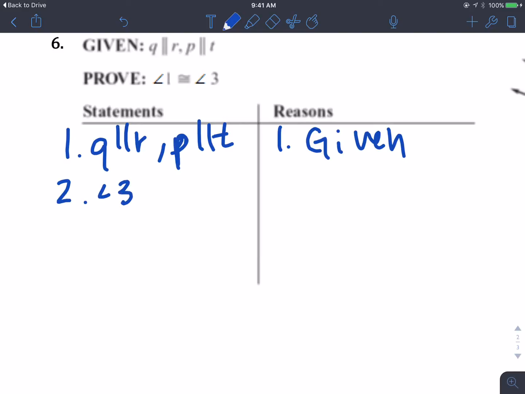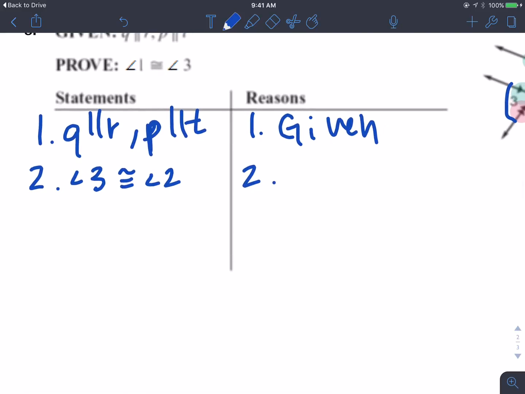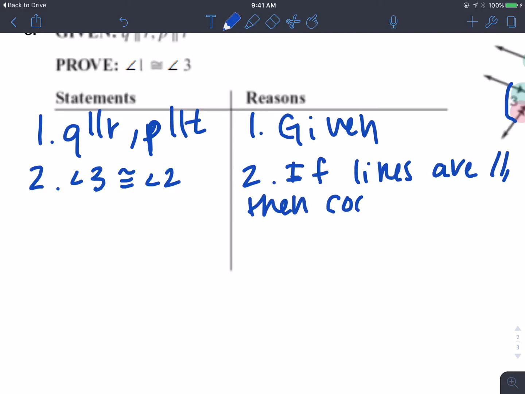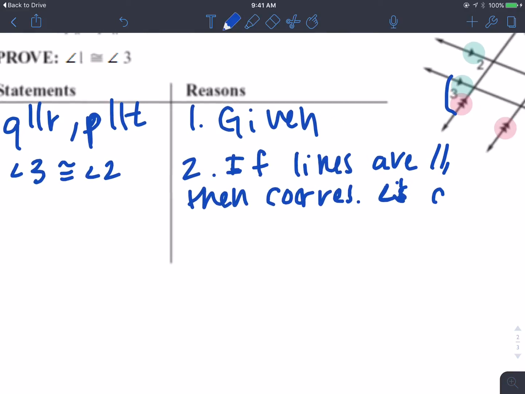So angle 3 is congruent to angle 2, and that is because they're corresponding angles. So if lines are parallel, then corresponding angles are congruent.